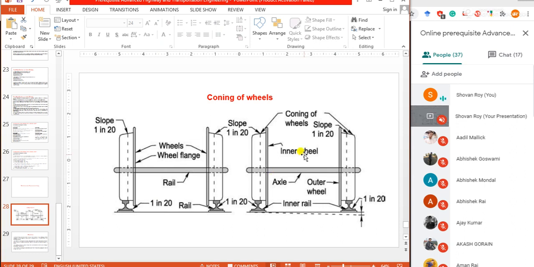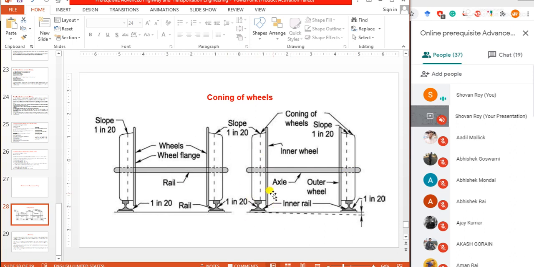The tread of the wheels of a railway vehicle is not made flat but sloped like a cone, in order to enable the vehicle to move smoothly on curves as well as on straight tracks. The wheels are generally centrally aligned on a straight and level surface with uniform gauge, and the circumference of the treads of the inner and outer wheels are equal, as you can see in this figure.